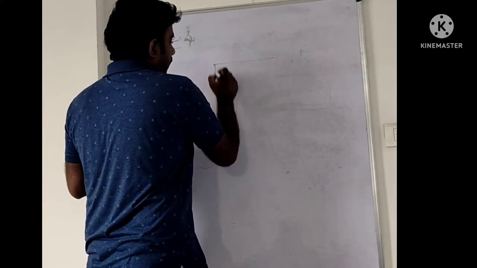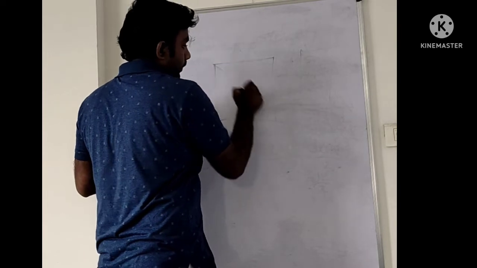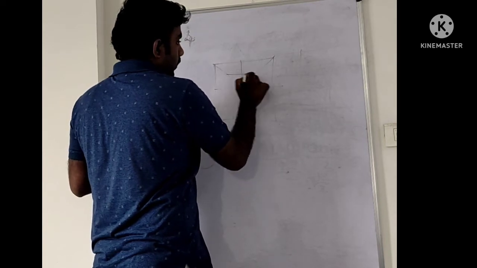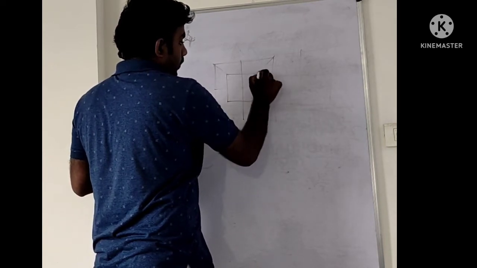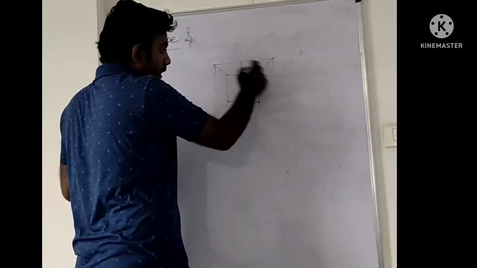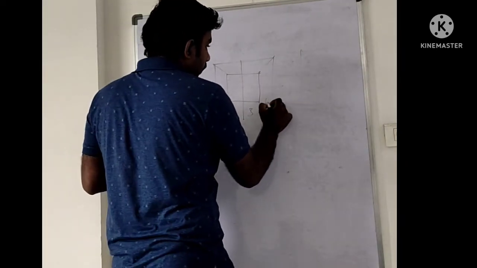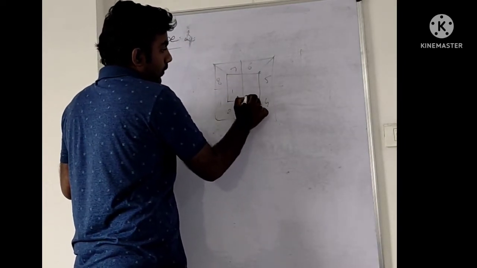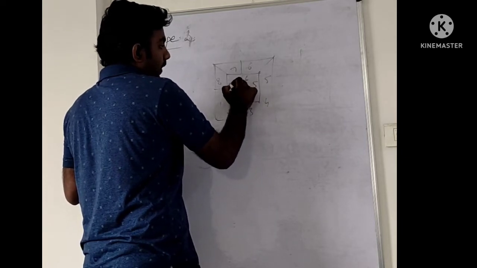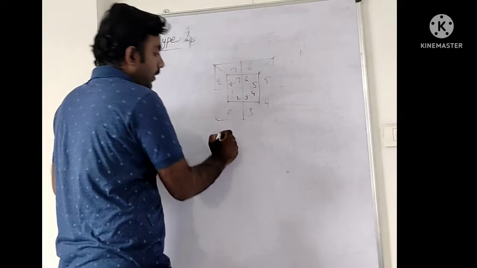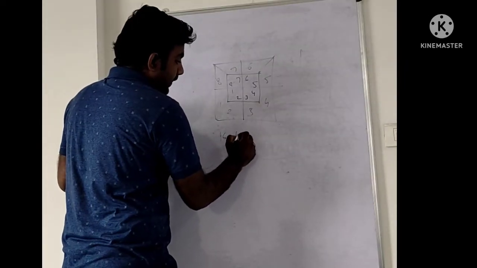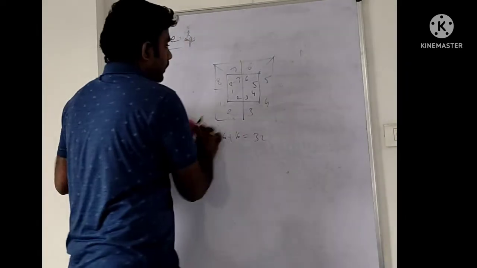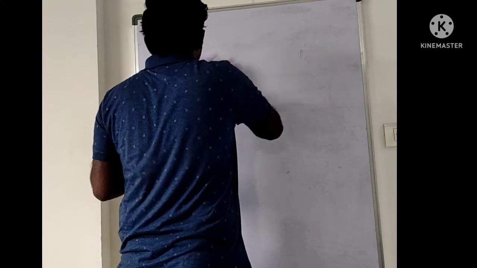Suppose now for the outer you can consider 1, 2, 3, 4, 5, 6, 7, 8. For the inner, 1, 2, 3, 4, 5, 6, 7, 8. Meaning total 16 plus 16. Total number of triangles is 32. Okay? This is type 4 of questions.